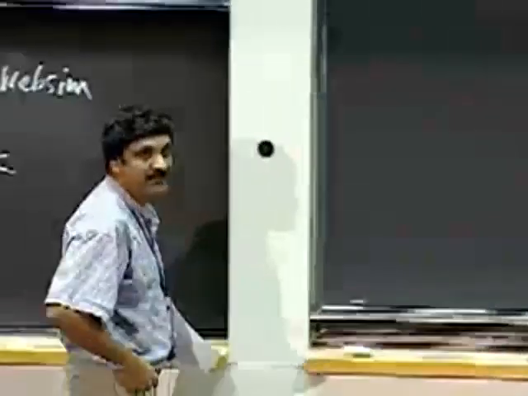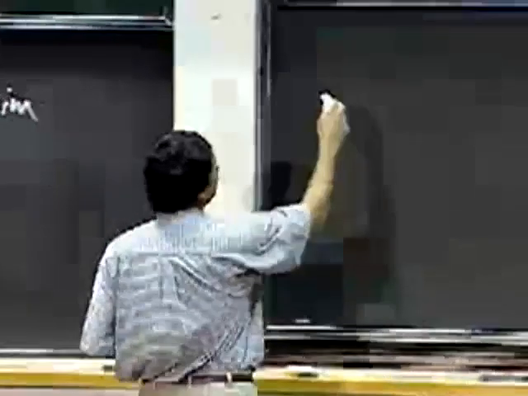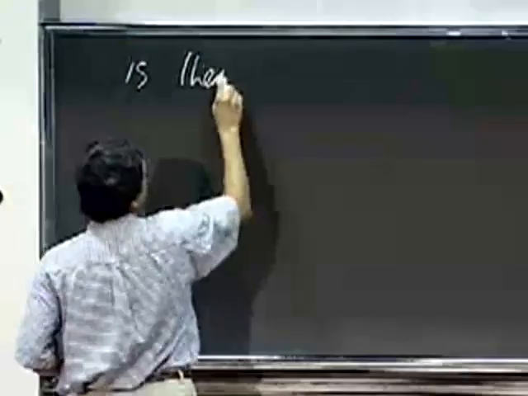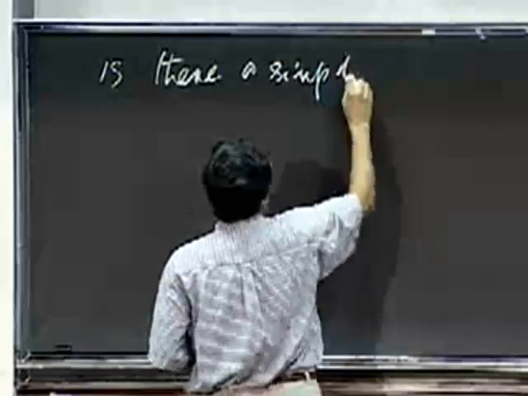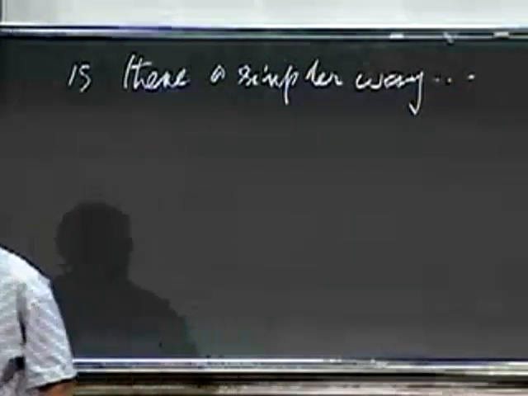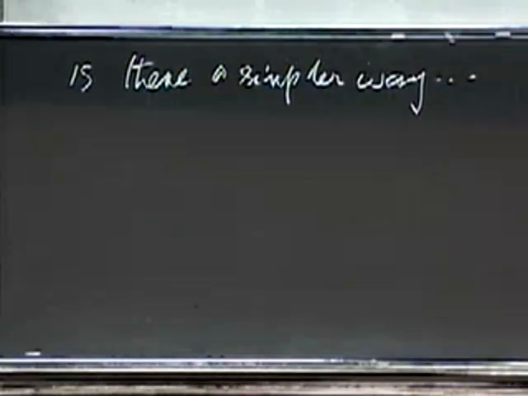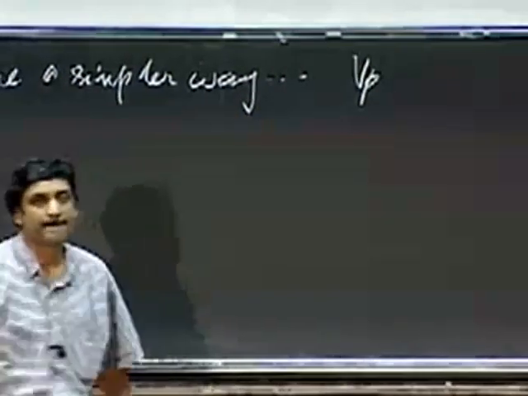So as a next step, I promised to show you an easier path, and let's build some insight. Is there a simpler way to get where we would like to get? In particular, is there a simpler way to get VP?